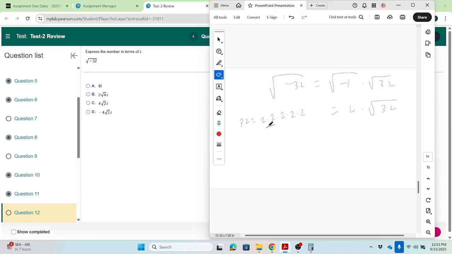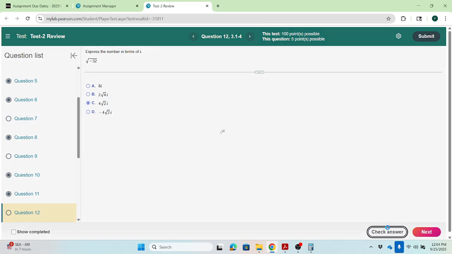So how many 2's are there? It's 4 squared times 2. So square root of 32 is 4 times square root of 2, since the square root of 4 squared is 4. So it's 4 square root of 2 i. This is the answer.